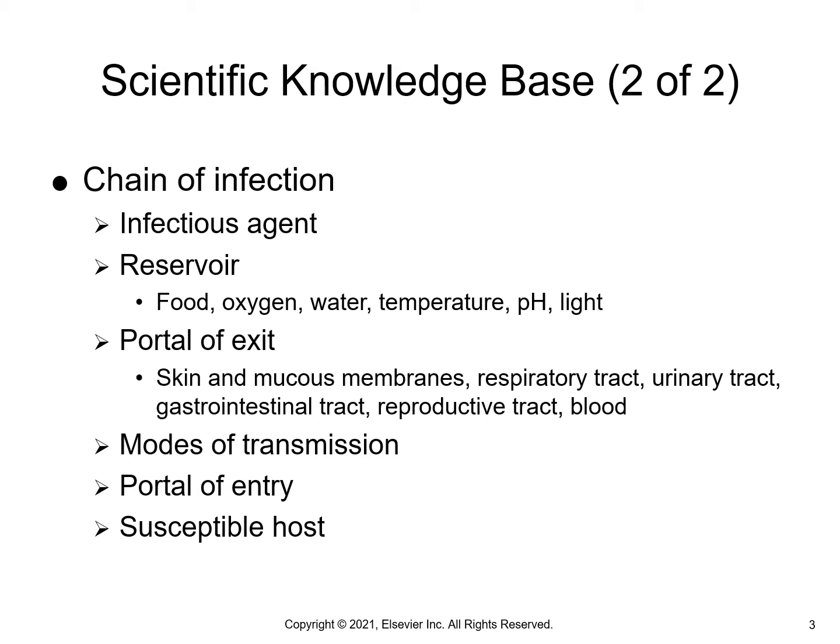And you see the chain as a circle, because that host becomes now the reservoir. And if we don't break the chain, or if we allow it to continue, this susceptible host, which is now acting as a reservoir, can pass it through another portal of exit, through another mode of transmission, and have a portal of entry in another host. And that's how you are transmitting.